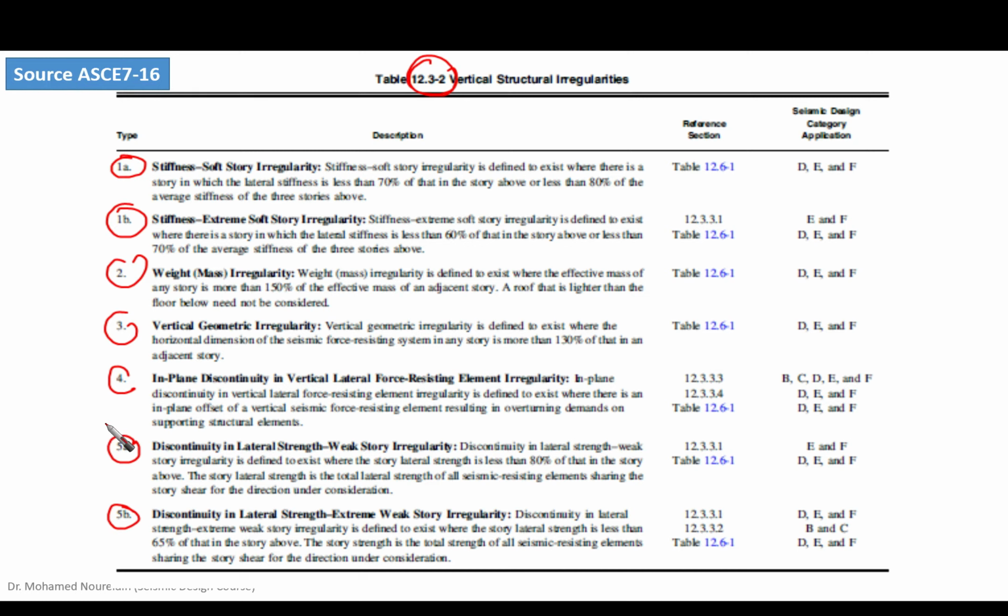So in case of vertical irregularity, we have 5 classes, but under class 1 and class 5, we have 2 subclasses. In a similar fashion, there is a description, a reference section, and the seismic design category.